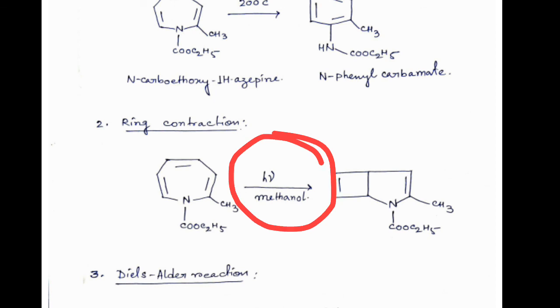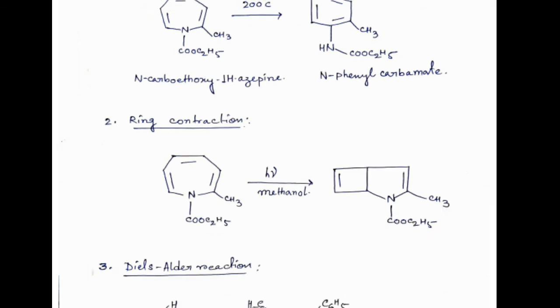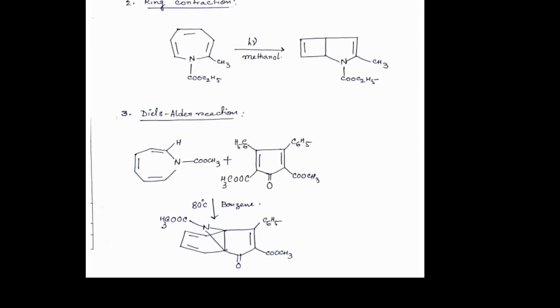Whenever this compound reacts with methanol in the presence of light, h nu, it is converted into this fused ring structure. One is a four-membered ring and another is a 5-membered simple pyrrole ring, with a methyl substituent at the 2 position and an ethyl carboxy group at the 3 position.